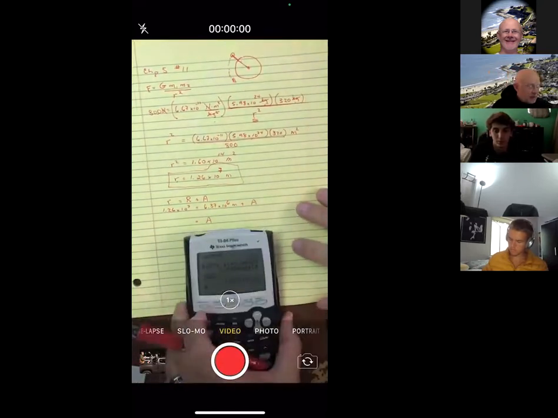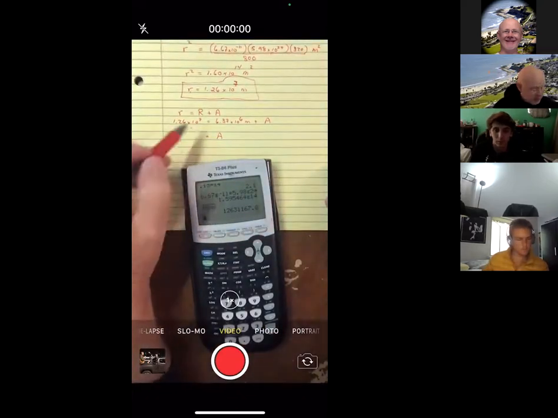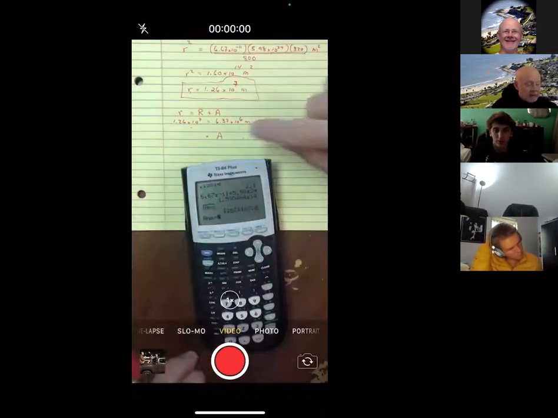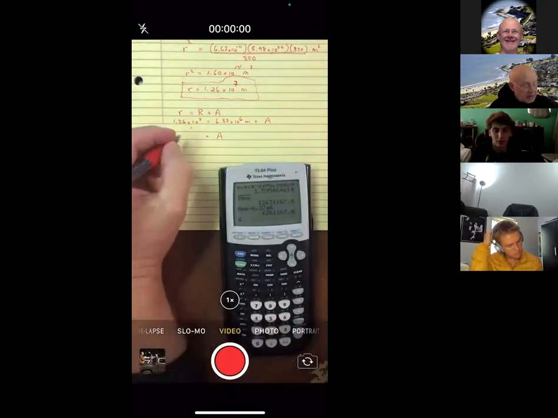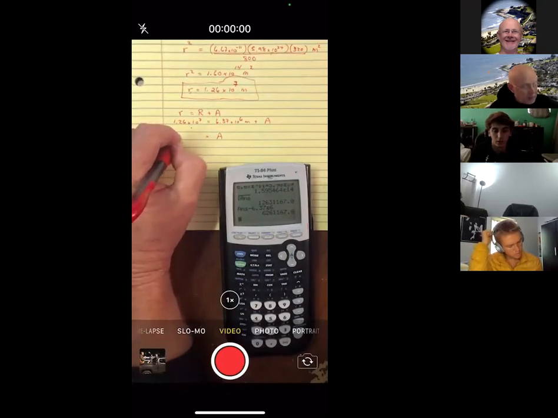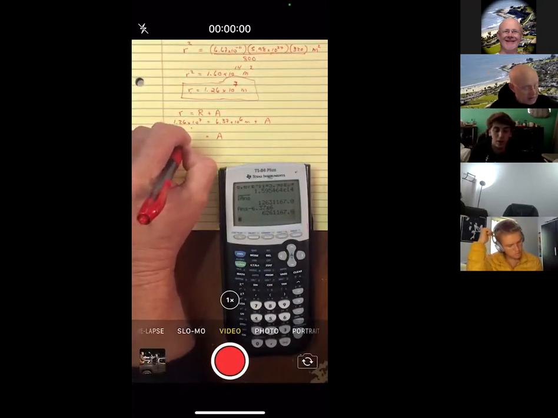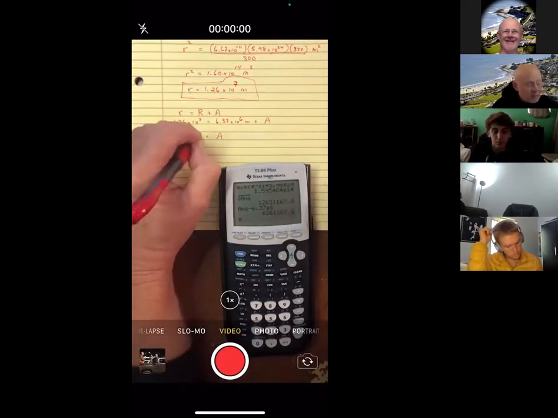All right, so this number is still in my calculator, so I'm just going to subtract 6.37 times 10 to the 6th meters and come up with an altitude of 6.26 times 10 to the 6.